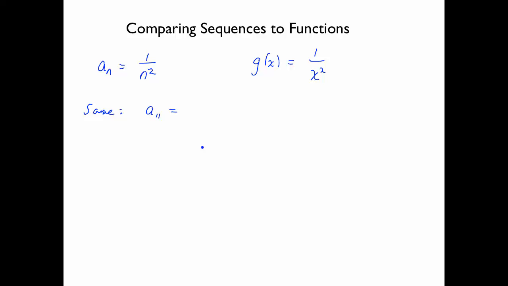I'm asking for the 11th term in the sequence. The 11th term of the sequence would be 1 over 121, right? And that would be similar to saying, what is the value of the function when x is 11? 1 over 121.